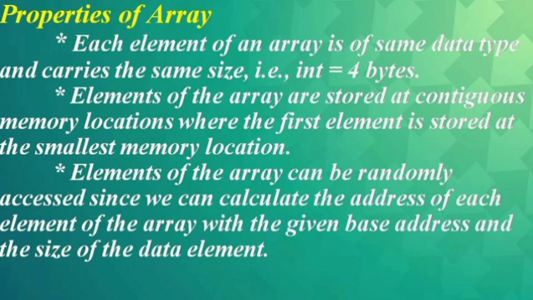The third property is the elements of the array can be randomly accessed since we can calculate the address of each element of the array with a given base address and the size of the data element. So this is about the properties of array.